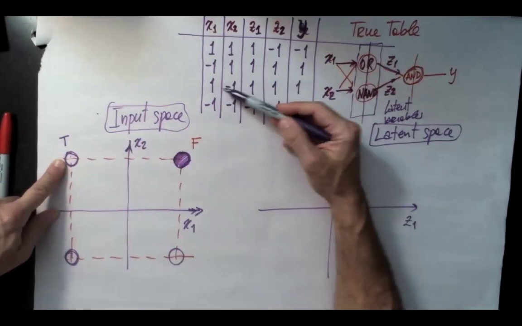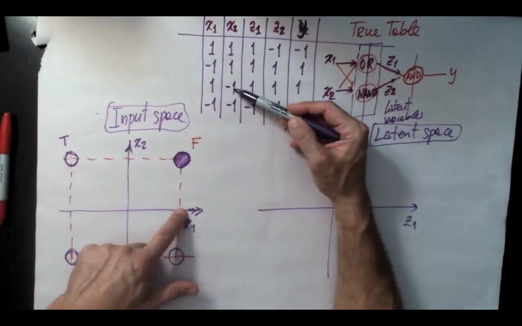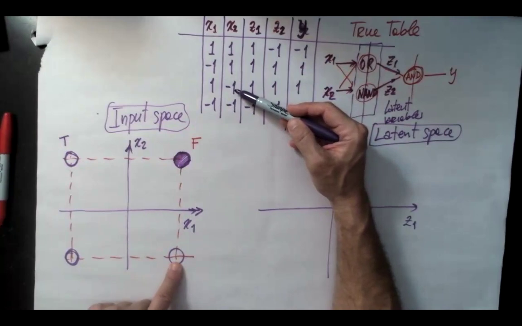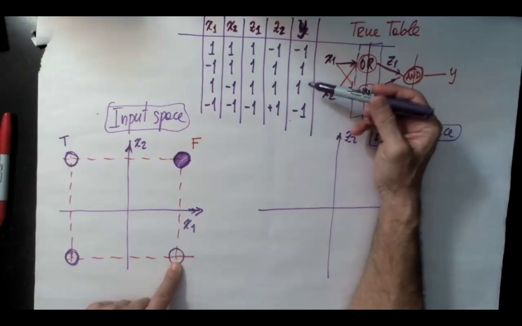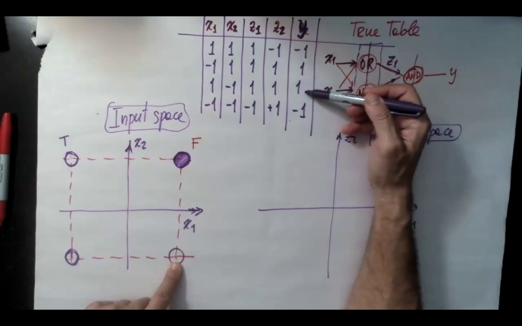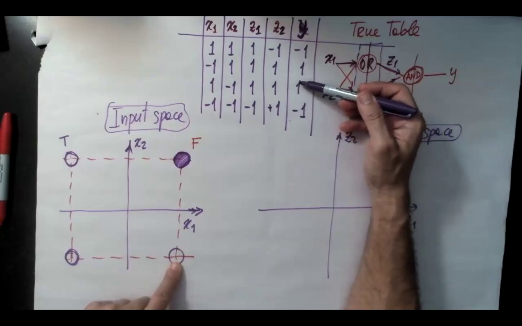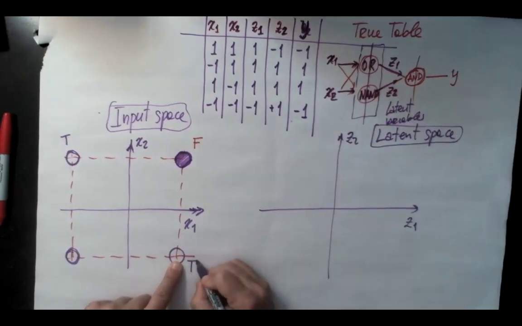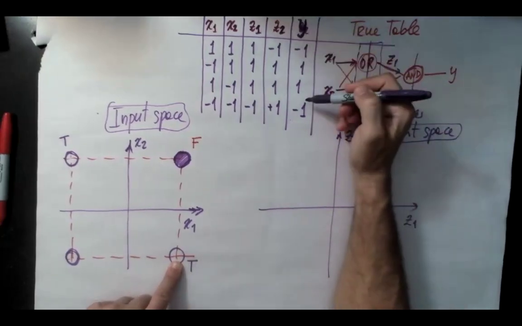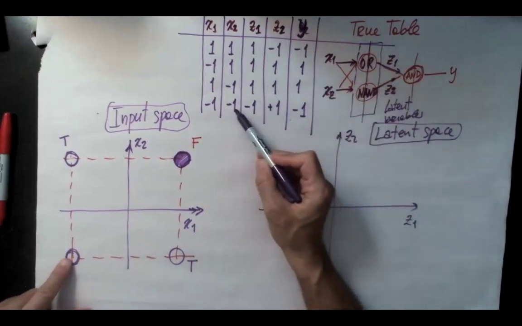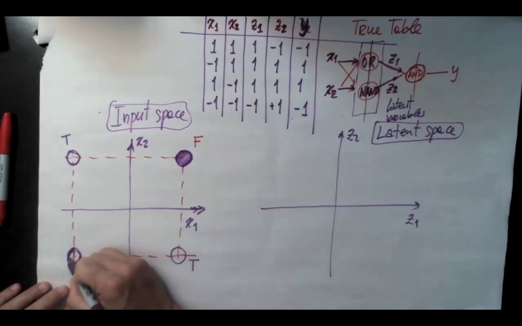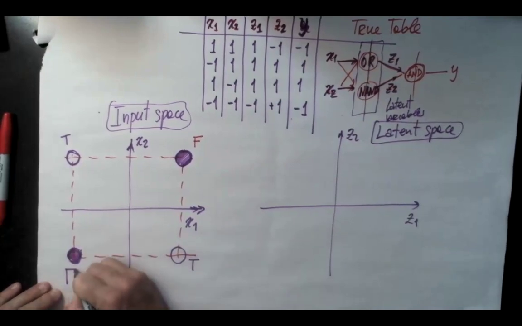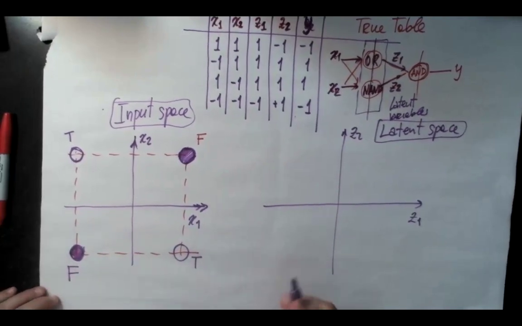Then we have 1 and -1, which has a true output. And then we have -1 and -1, which correspond to a false result.